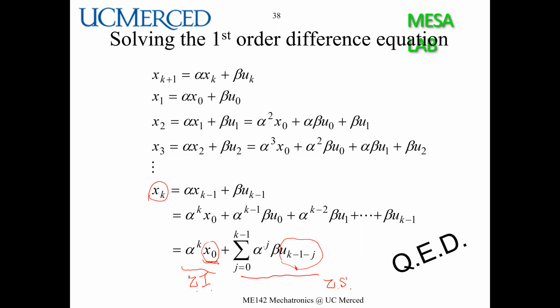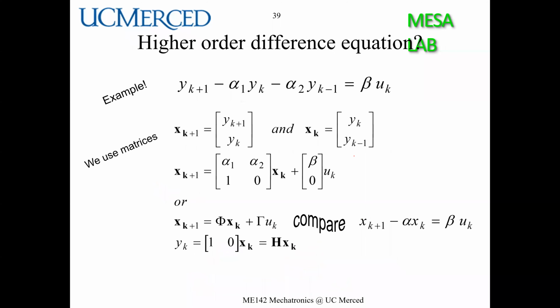And remember, there's something interesting here, alpha j and k j. These two indices adding together will give you k minus 1. So there are some rules in there. It's just condensed notation of this, so you can derive this one in a brute force way.